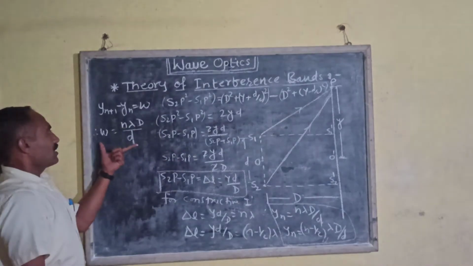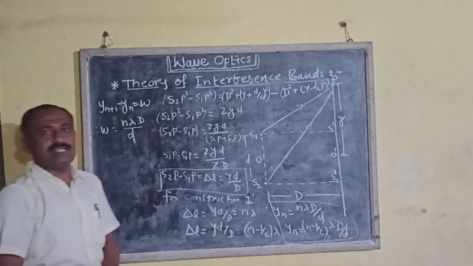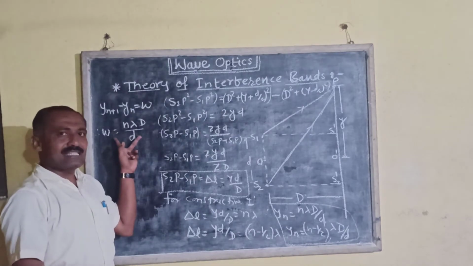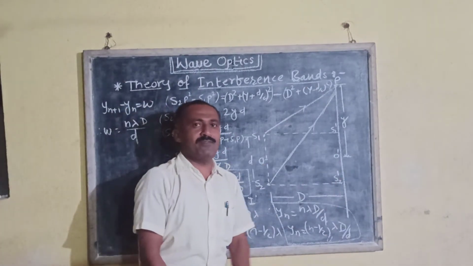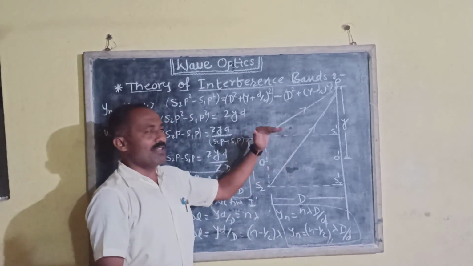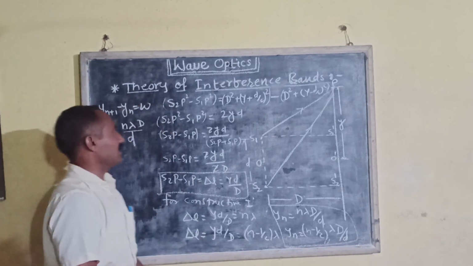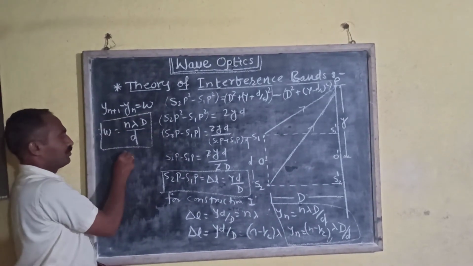This is the fringe width for both bright and dark fringes, and from this equation we can say that the bright and dark fringes in the steady interference pattern are equispaced, that is, each fringe has the same width.